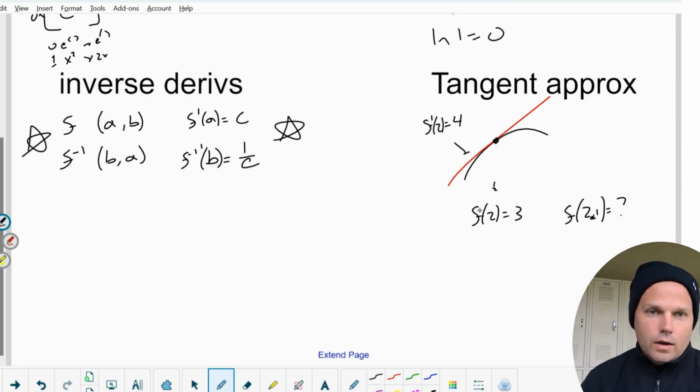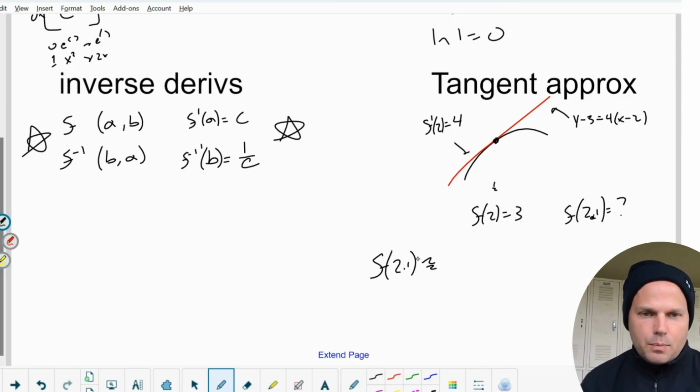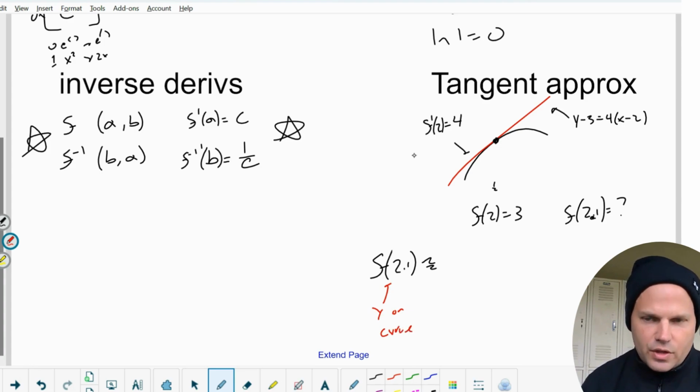Well, you'd say that the function at 2.1 can be approximated by the tangent line, and the equation of this tangent line is y minus 3 equals 4 times x minus 2. So this is the y coordinate on the curve, which is this point right here on the black curve.